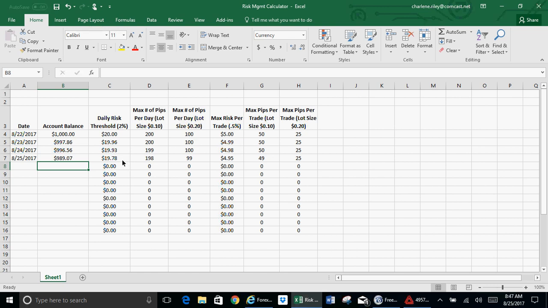Today I can risk up to $19.78. I'm using a lot size of 20 cents per pip, so the maximum number of pips for today will be 99. I risk 0.5% per trade, which is $4.95. And so on any given trade, I can risk a maximum of 25 pips using the 20-cent lot size.